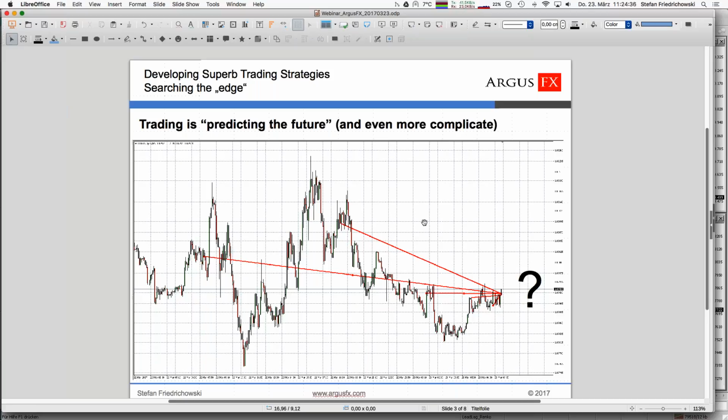And the question is, and that's the reason why I say trading is predicting the future. I already mentioned in my introduction, what does trading mean? If we want to open a trade on Euro US dollar, what does it mean? We need an expectation for how the price will go on, and therefore we have the question mark here.